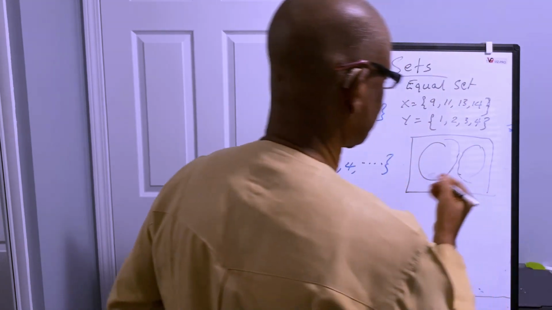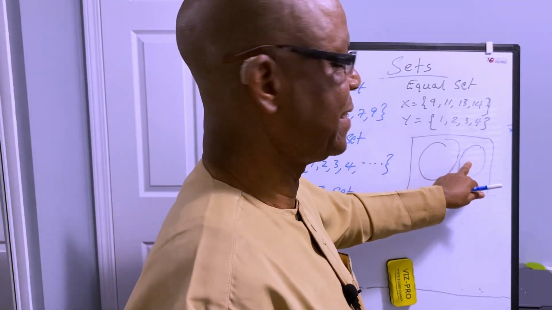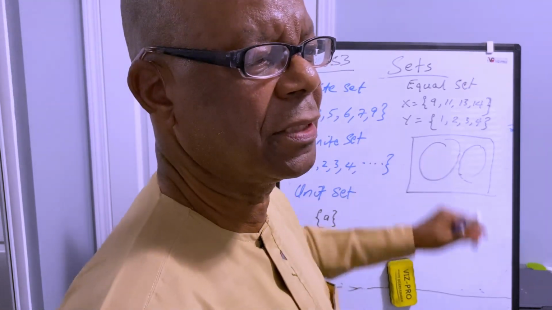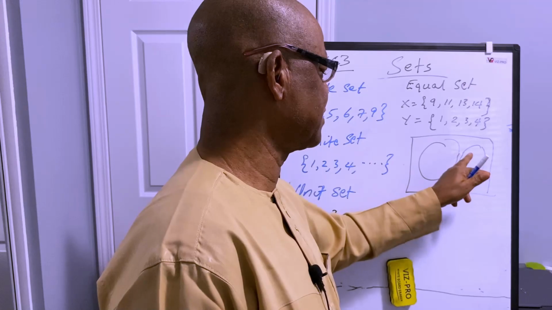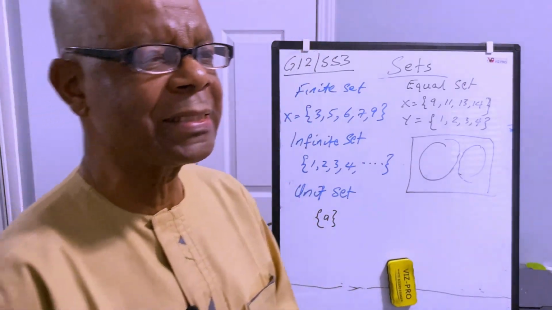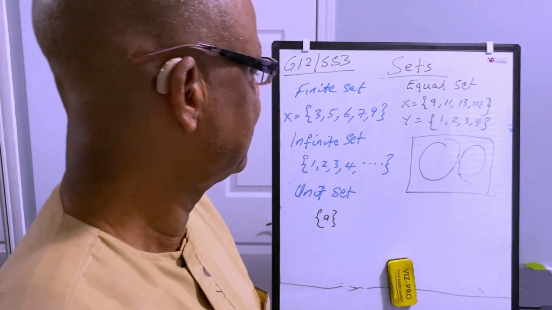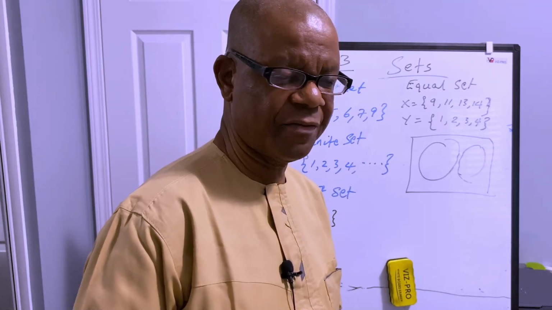You can see they are not touching each other. That means none of the elements here belongs to this set. None of the elements in this set belong here. The same thing, none of the elements here belong here. They don't touch each other. So we call it disjointed set. They don't have intersection.